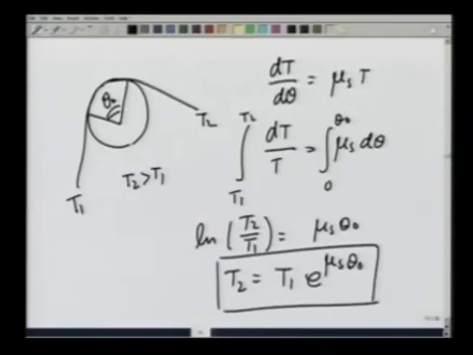Thus, if I apply T2, this tension, which is T1 times this number e raised to mu s theta 0, the rope would remain in equilibrium. It will not move.